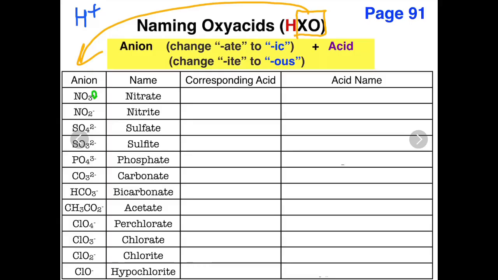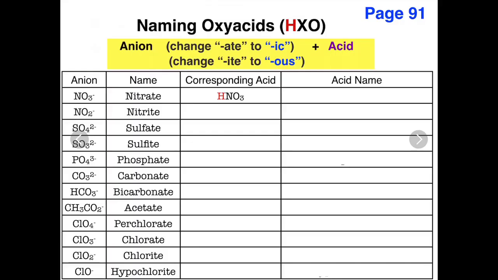This one is called nitrate. Nitrate has 1 negative. Hydrogen ion has 1 positive. Therefore, the corresponding acid would be HNO3. Remember, you have to write the hydrogen first. How to recognize an acid is that hydrogen is written first, followed by the polyatomic ion NO3, and it's 1 to 1 in this case.